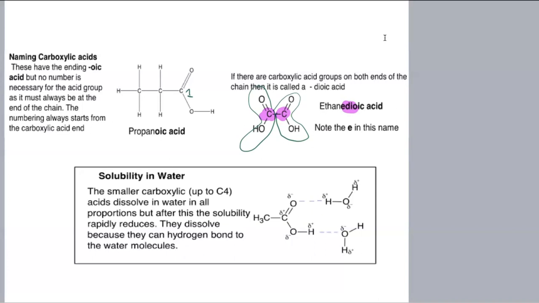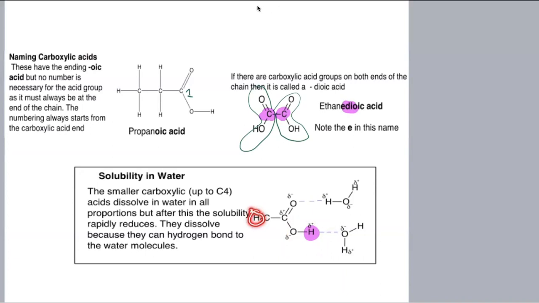Hydrogen bonding happens when you have a hydrogen attached to one of the three most electronegative elements, which is F, O, and N. And you can see that the hydrogen is attached to oxygen here. So this is where the hydrogen bonding is happening. The hydrogen that is attached to the carbon on this one, there is no hydrogen bonding there.